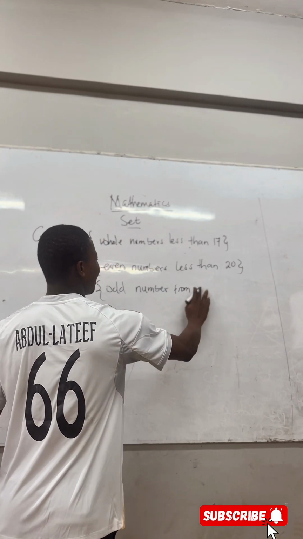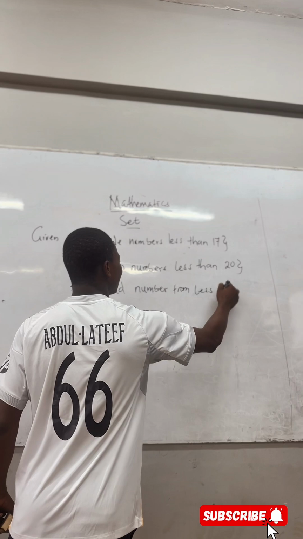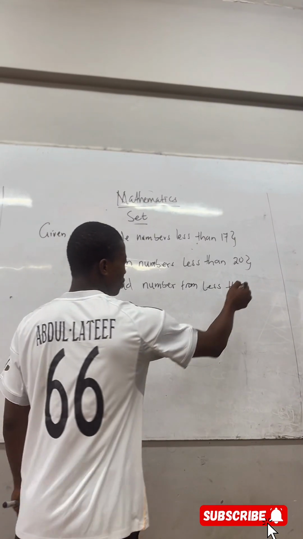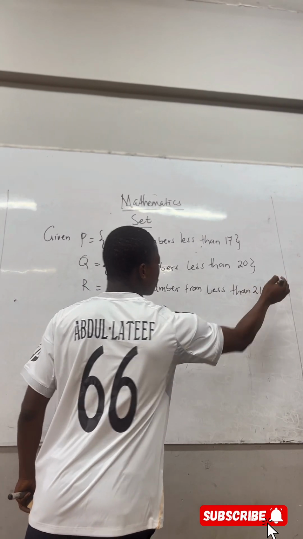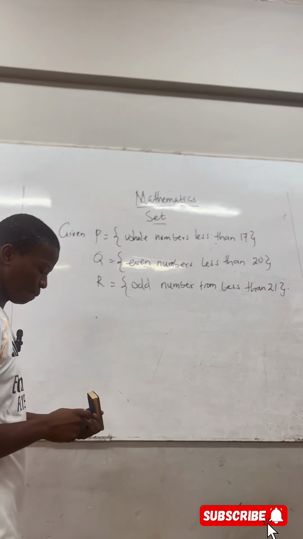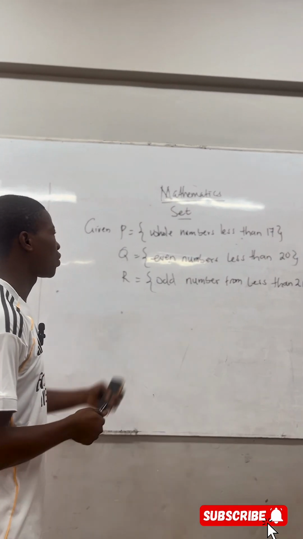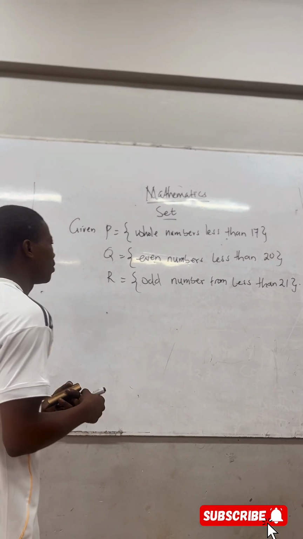So odd numbers less than 21. So this is the problem that we are having now.